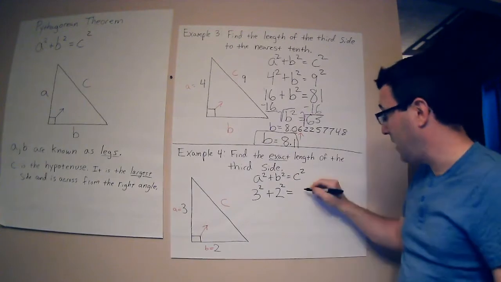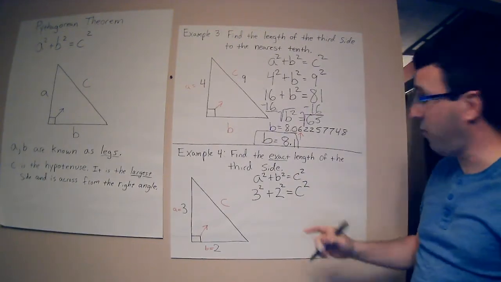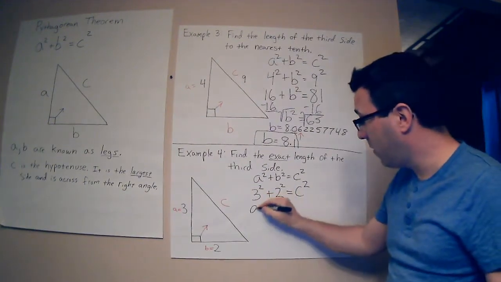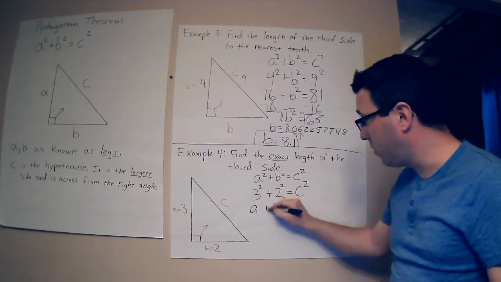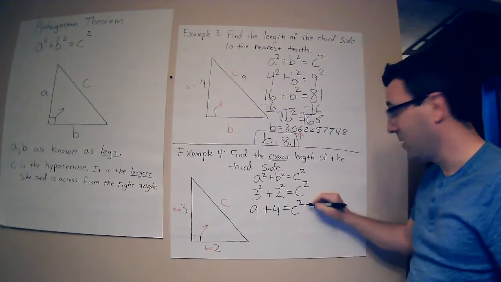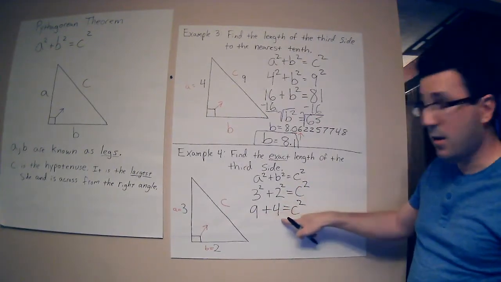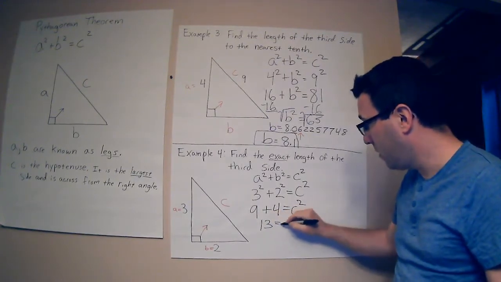C is just C, so this is going to be C squared. Now, just as we were doing before, 3 squared is 3 times 3, that's 9. 2 squared is 4, 2 times 2. And again, C squared, I can't do anything with it yet. 9 plus 4 gives us 13.